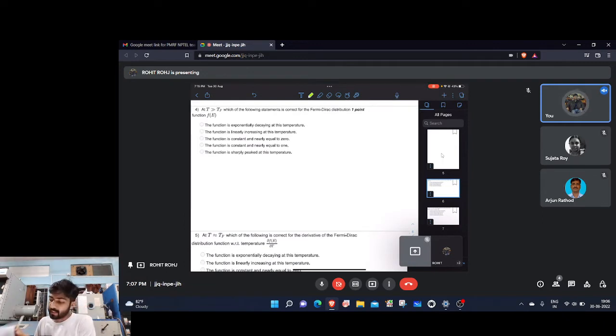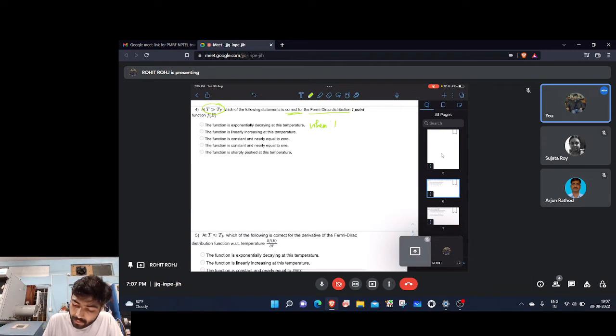Now this says that at temperatures very larger than Fermi temperature, which of the following statements is correct for the Fermi Dirac distribution function? Now the condition that is given to us is temperature is very larger than TF.